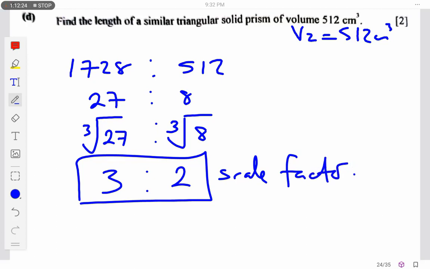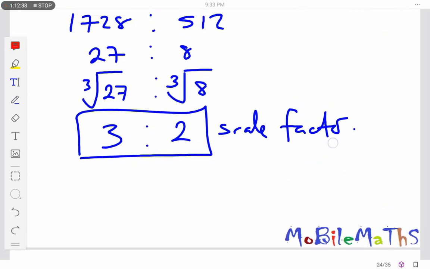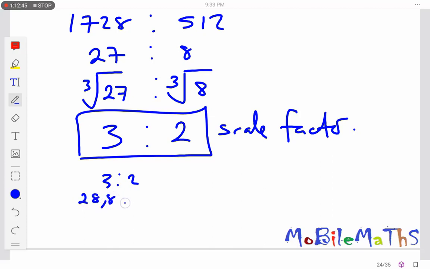Now I can use my scale factor to find the length. Remember, our length for shape 1 was 28.8. So I can say, using that ratio, 3 as to 2, this is going to be less. Let me rewrite it properly for you to see.